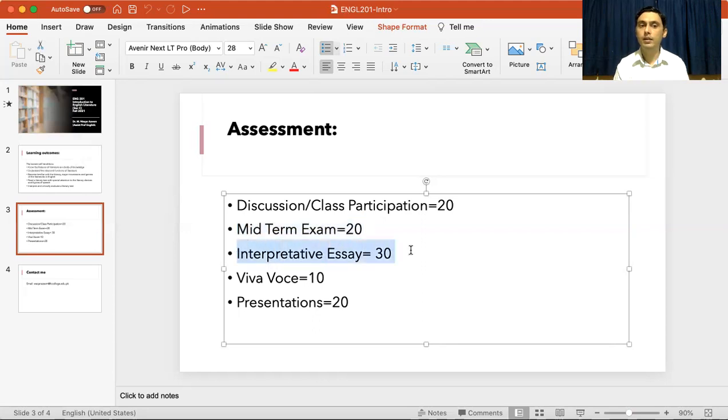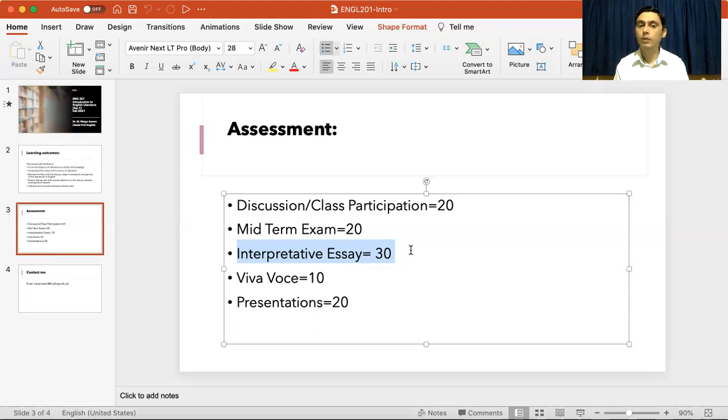The interpretative essay will be the final paper that you will be submitting to me. An interpretative essay is an advanced form of a critical analysis of a literary text. It carries 30% of the grade.